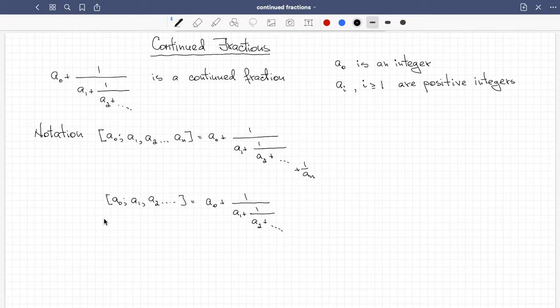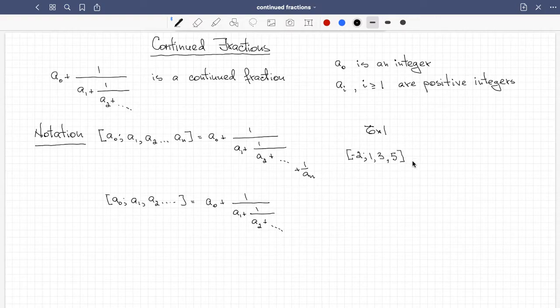The point is that we always have to calculate it backwards, starting from the bottom. This is an example from the text. How do we calculate it? To make it clear, what does this notation mean? Let me calculate this thing, -2 semicolon 1, 3, 5.